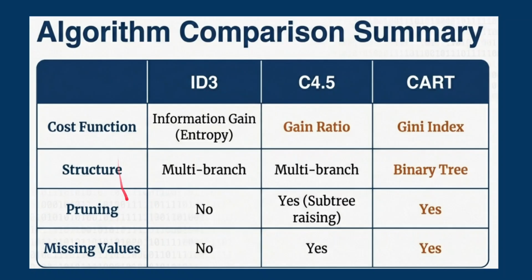So we have 4 parameters: cost function, structure, pruning and missing values. The algorithms are ID3, C4.5 and CART. The cost function is entropy, which is information gain, in ID3, C4.5 uses the gain ratio, and CART uses the Gini index.